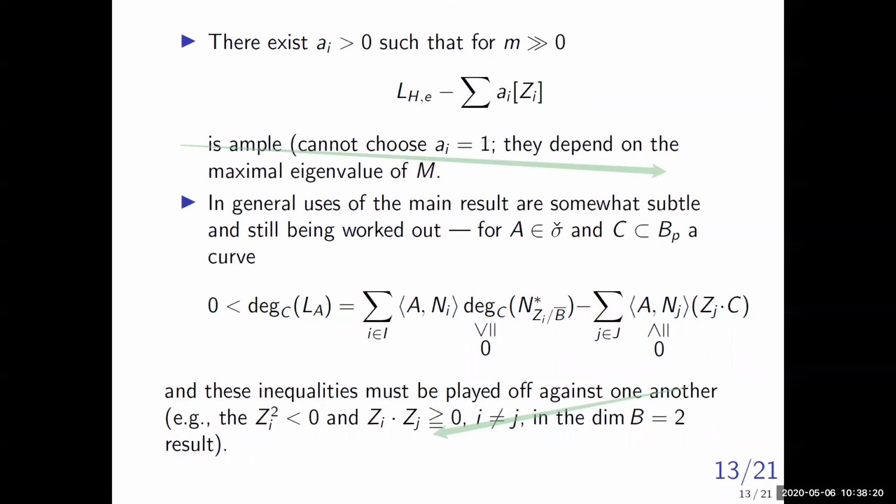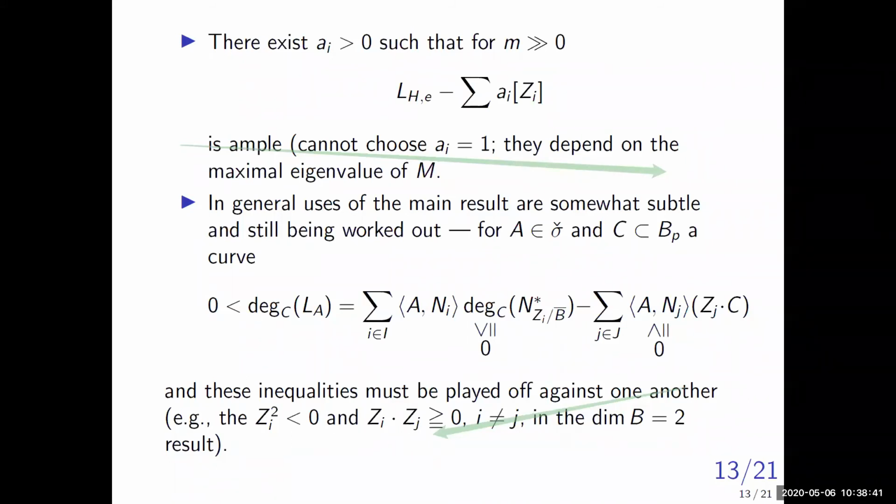But here, for the first terms, where C is in a strata Z_i, the conormal bundles are semi-positive.